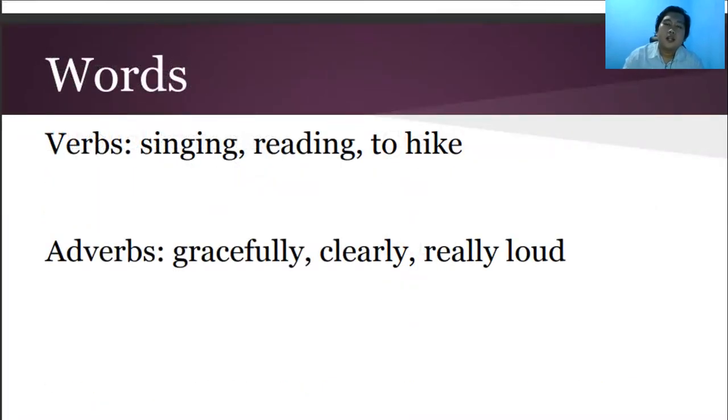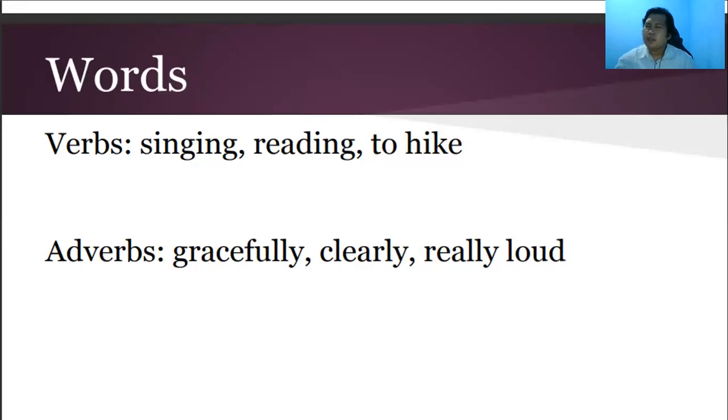For example, here we have examples of verbs and adverbs. In verbs, we have singing, reading, to hike. In adverbs, we have gracefully, clearly, really loud. Now, what can you see?